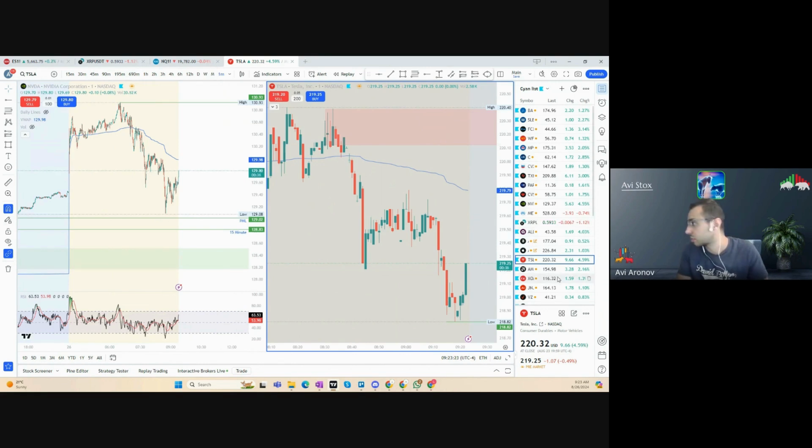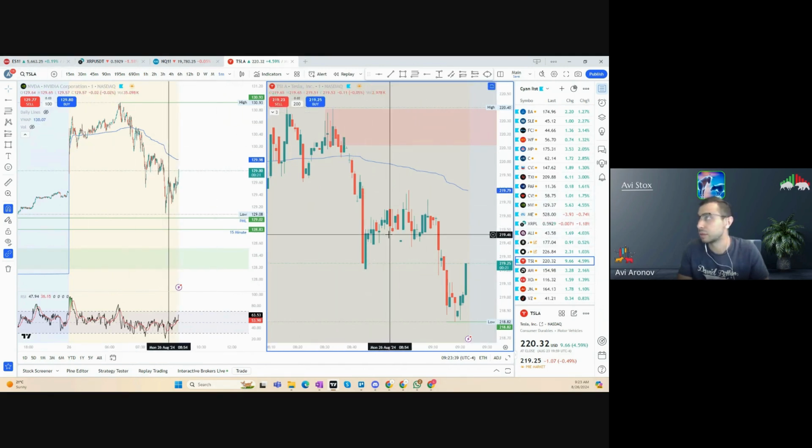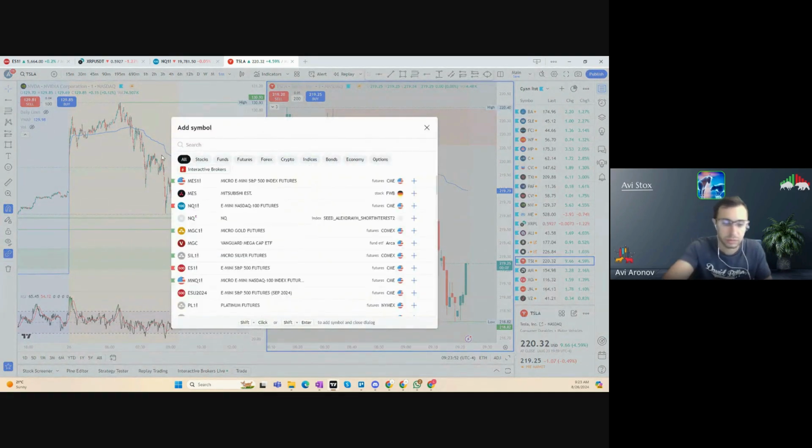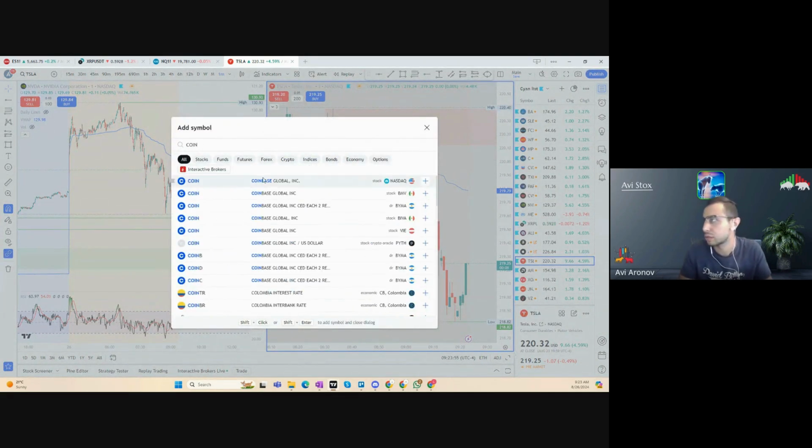Amazon, making sure we have Amazon. Right there, Amazon. Okay. Meta, got it. Coin. Coin, I don't think I have. Coin, this one, right? Coinbase Global Inc. Got it.